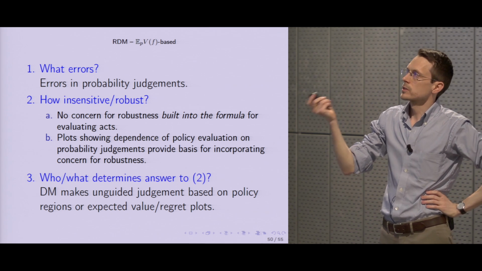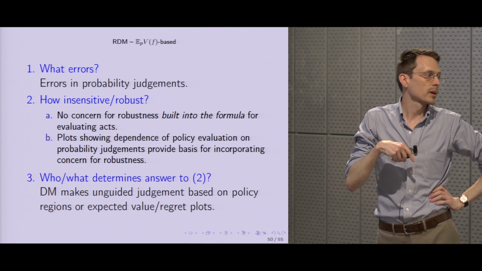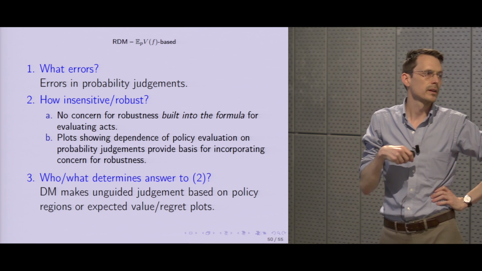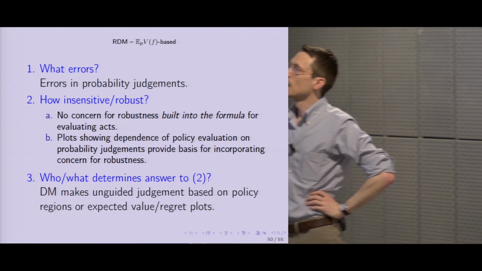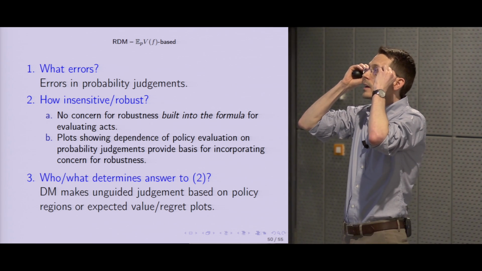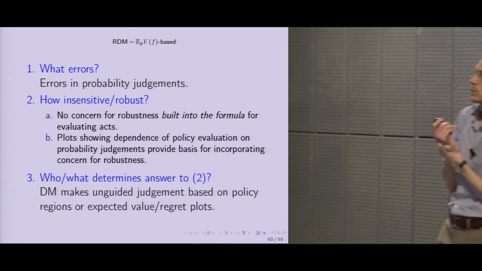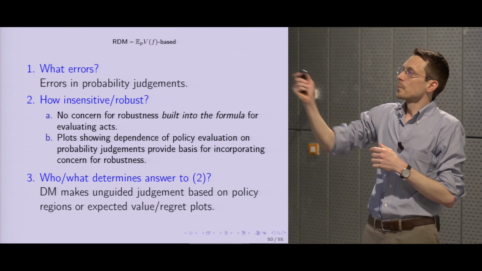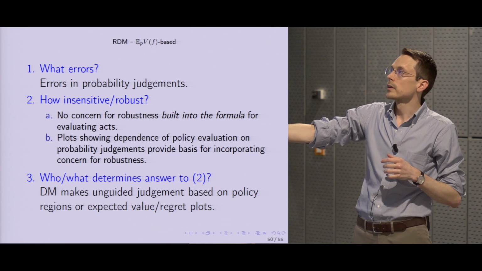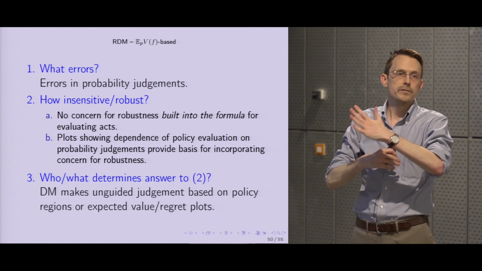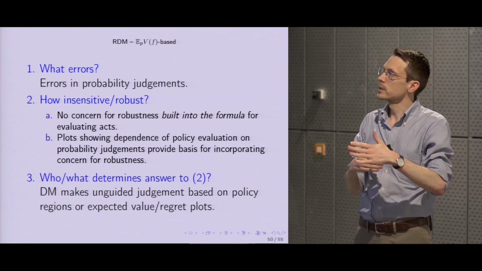Asking these questions just about the running the analysis backwards way of assessing options: what errors? It's errors in probability judgments. How sensitive or robust? If you're talking about the decision criterion itself, the way of calculating the value of options, there's no robustness built into that.